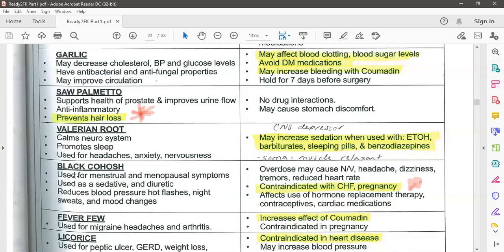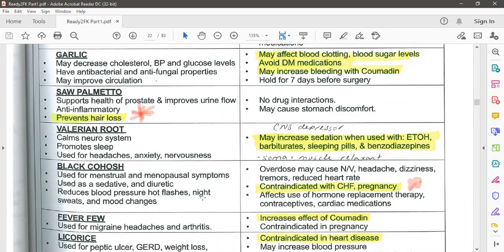Another one is called black cohosh. So black cohosh, we use for menopausal syndrome, right? Like hot flashes. Used for menstrual or menopausal symptoms, used as a sedative or diuretic, or to reduce the blood pressure or hot flashes, night sweats or mood changes.